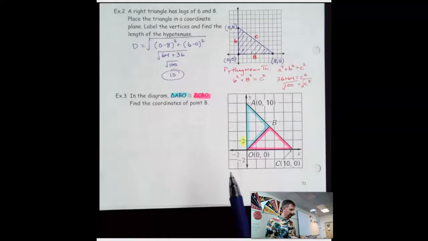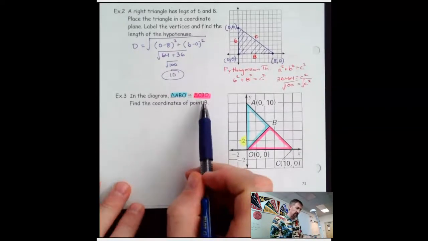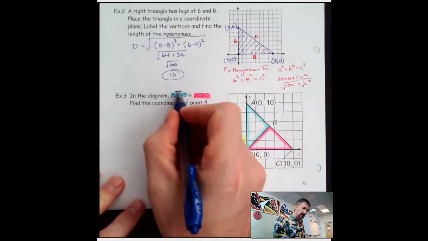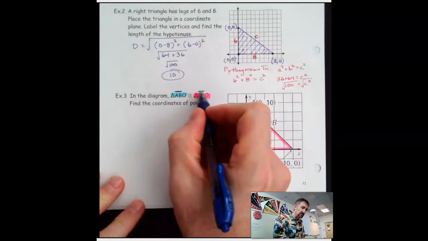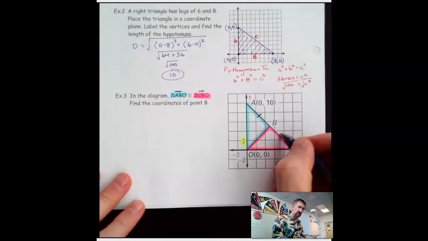So if we know that these two triangles are congruent, then we know that AB is going to be congruent to CB. AB is right here. That is going to be congruent to this.